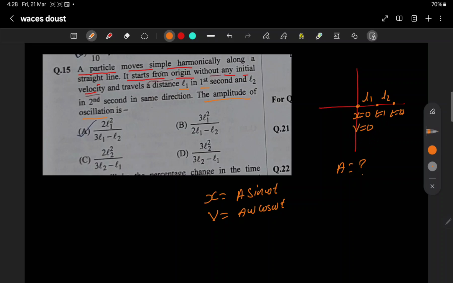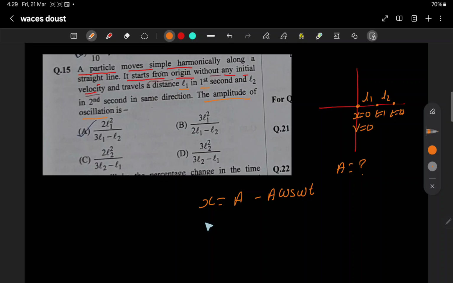Okay, so what we can do is, here we can write the equation as x which is equal to A minus A cos omega t. If I write like this, will it work? At t is equal to 0, what is the value of x? Okay, cos 0 is 1, A minus A is 0, so that is correct. If you talk about velocity, what will be the velocity at this mean point?